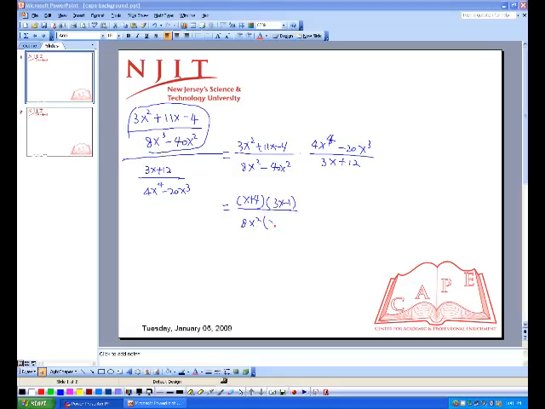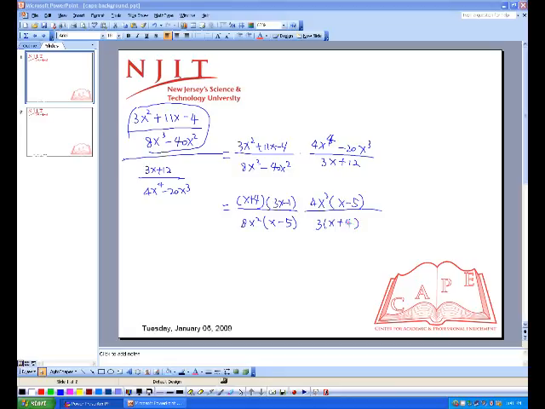So it becomes x minus 5. Okay? Multiply by 4x to the 4th power minus 20x cubed. Should be able to factor out 4x cubed. So it becomes x minus 5 again. And 3x plus 12, we should be able to factor out the 3. So it becomes x plus 4.